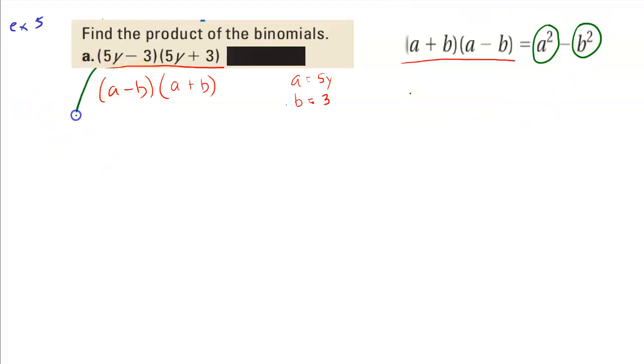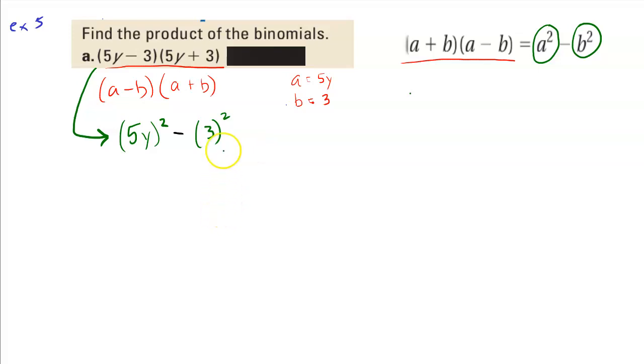So I can bypass multiplying those four things out and adding, like what we did before. And I can go right to the answer, which is going to be a squared, or 5y squared, minus b squared, which is 3 squared.